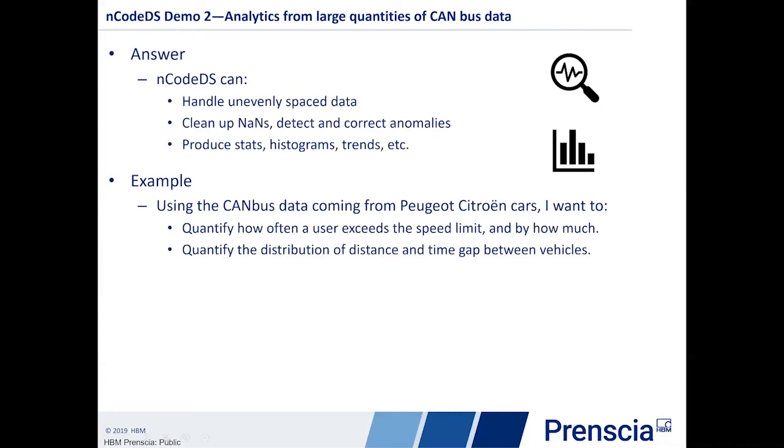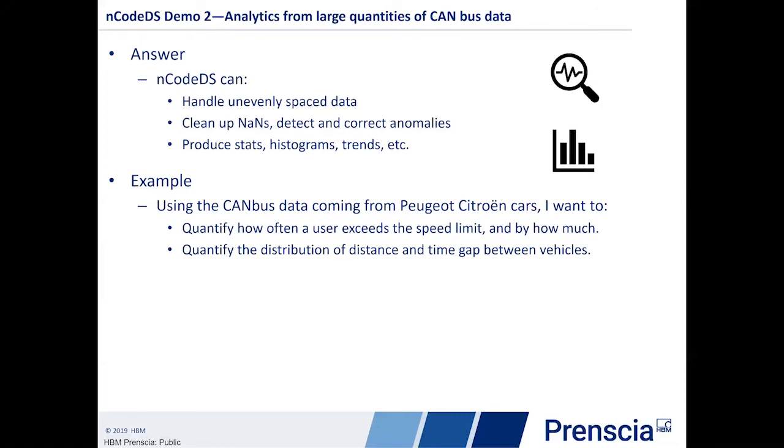So in this very example, say I want to quantify how often a user exceeds the speed limits and by how much. So the use case here is I do have the vehicle speed as part of the CAN. Another thing you may have in the CAN is the traffic sign recognition, telling you which is the current speed limit, right?